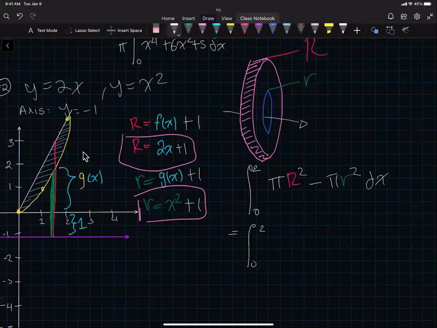From 0 to 2, pi, and then capital R is 2x plus 1.